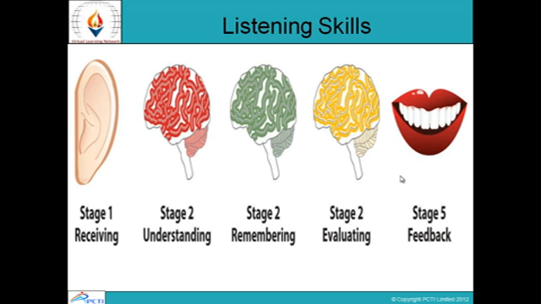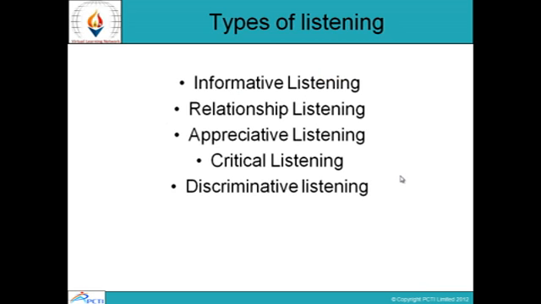So first comes receiving, understanding of the message, remembering the message, evaluating how correct it is, and then giving the feedback. There are various types of listening: informative listening, relationship listening, appreciative listening, critical listening, and discriminative listening.